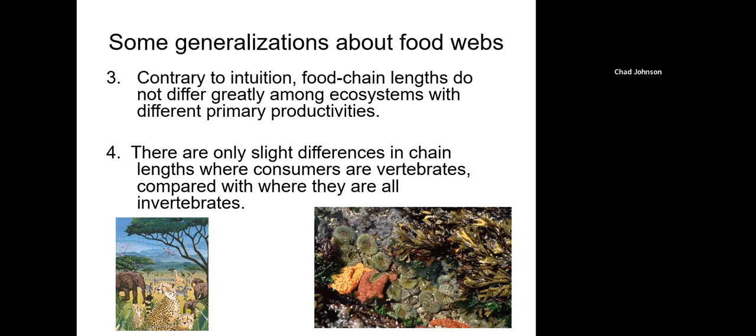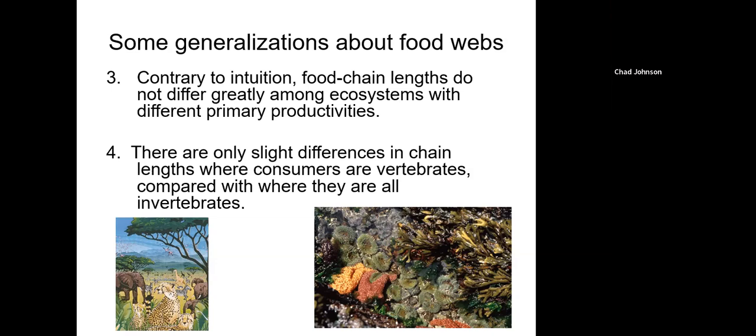4 is about as high as we go, and the productivity of an ecosystem doesn't really create differences. You don't have 8 levels in a food web in a tropical rainforest just because there's more productivity. There are constraints on the chain lengths that we may or may not have time to talk about.